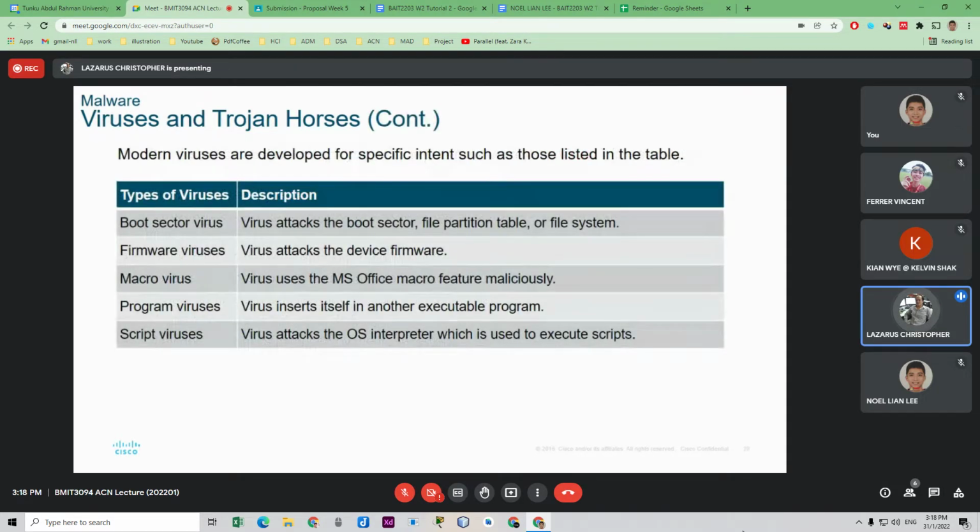Right. So boot sector viruses are viruses that infect a boot sector. So every time your hard disk boots up, and it could also be the boot sector of a pen drive.